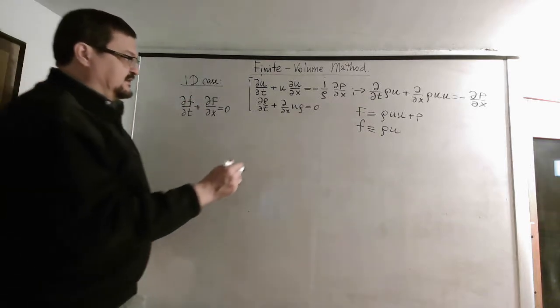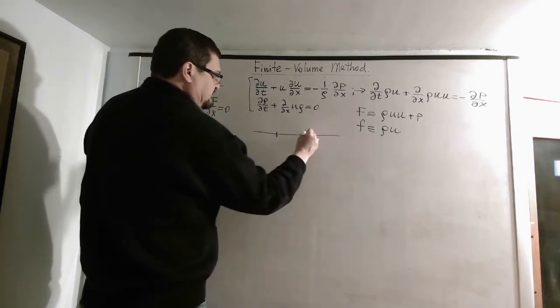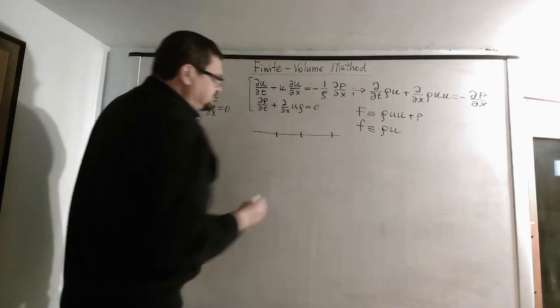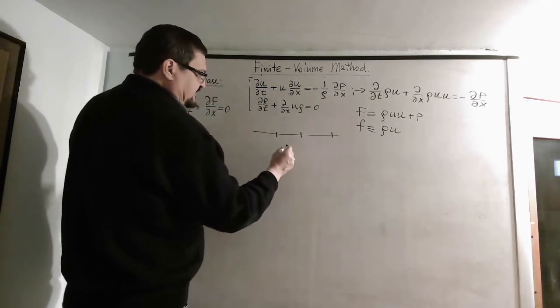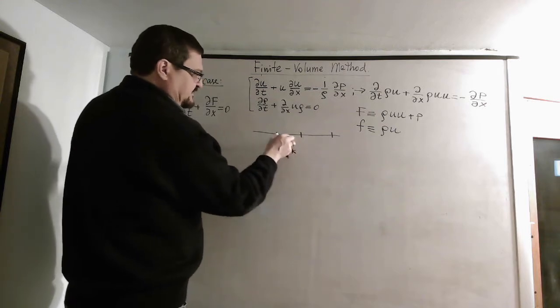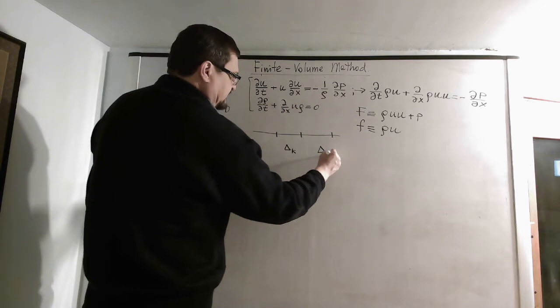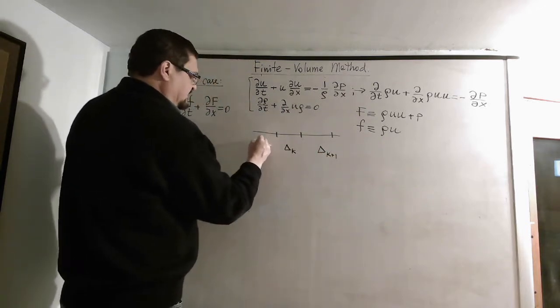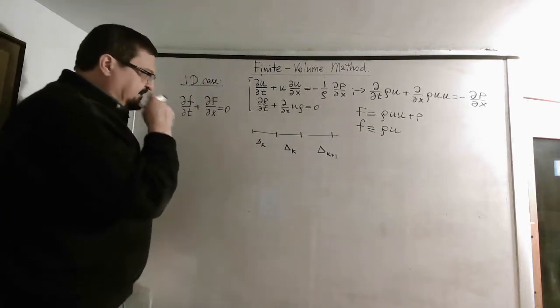So now let's consider a grid and divide it into cells, so that this is a cell with size delta k. This is just the size, this minus this. This one is delta k plus 1. This is delta k minus 1.